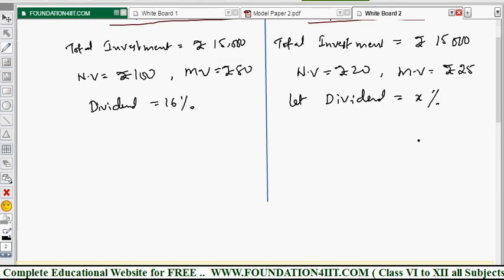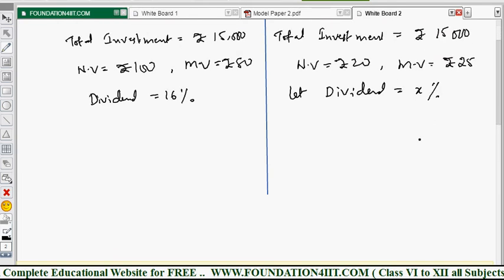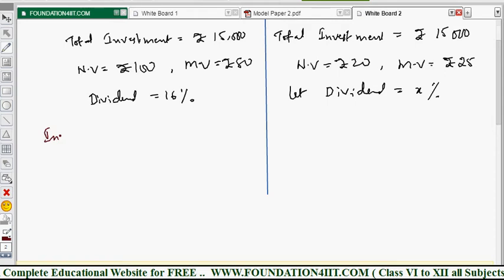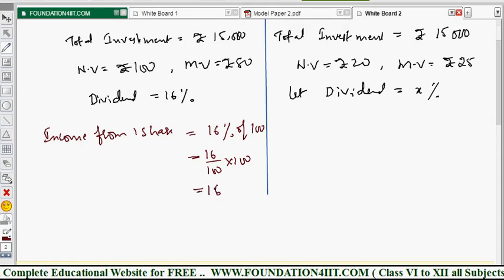Then by using this given data we can find out income from one share, because that is 16% of the nominal value. 16% of 100 is 16 by 100 into 100, that is 16.